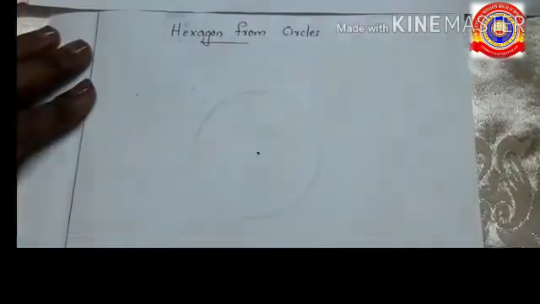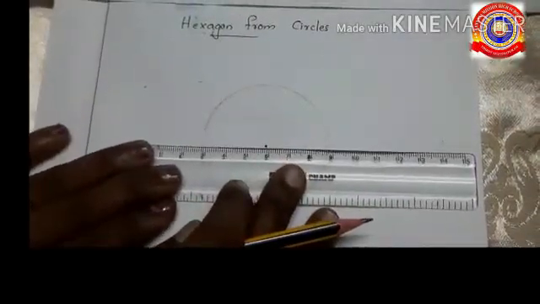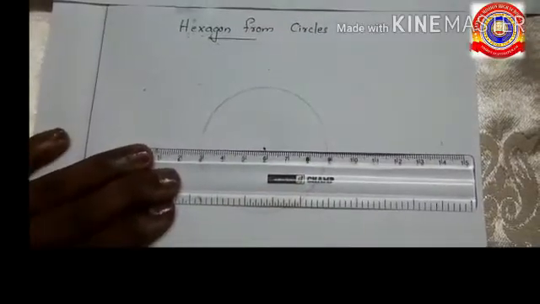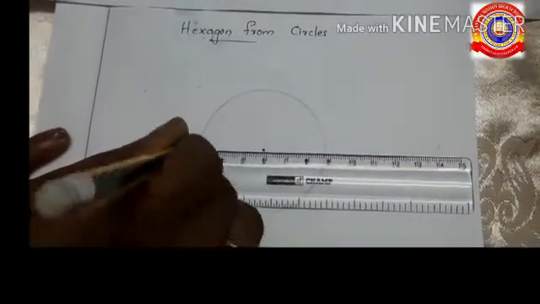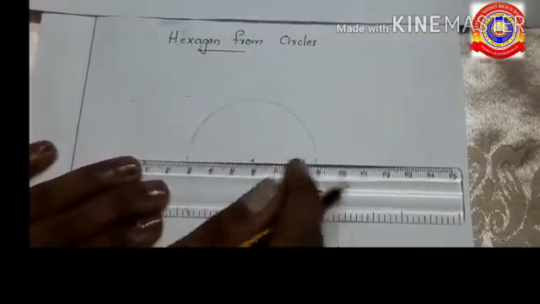Now take a ruler and place it over the circle such that the center of the circle touches the ruler. Now mark points on the circle towards the left and towards the right.